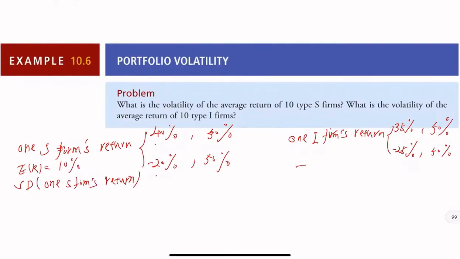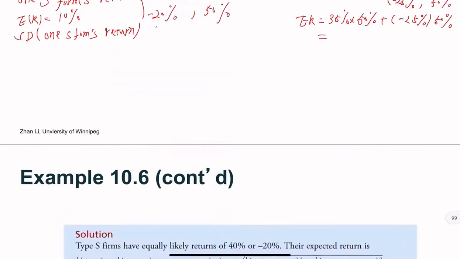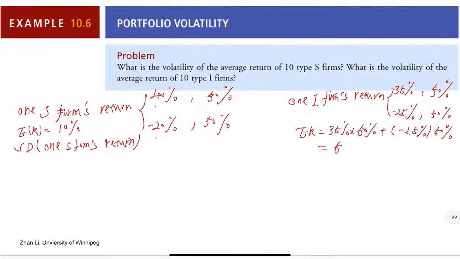So the expected return here should be 35% times 50% plus minus 25% times 50%. So this, I think it's also 10%. No, it's 5%. So this gives us 5%.